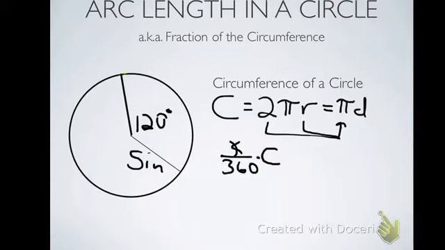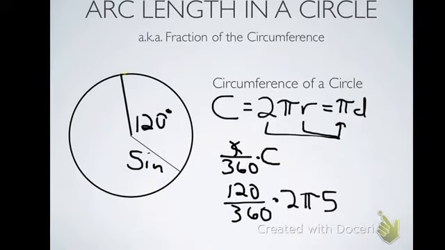So that's the angle over 360 times circumference. Our angle is 120 over 360 times 2 pi times 5. 120 over 360 becomes 1/3 times 10 pi.